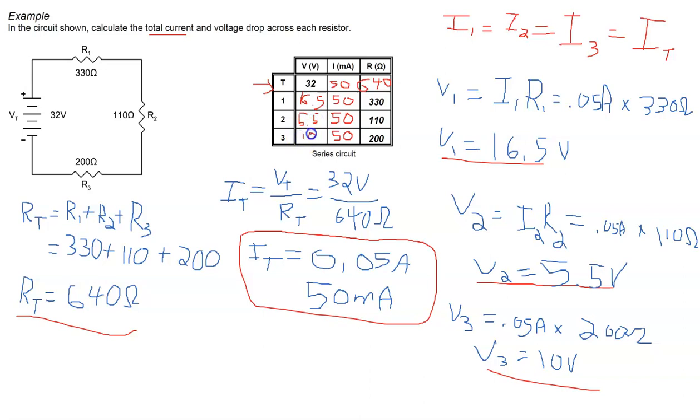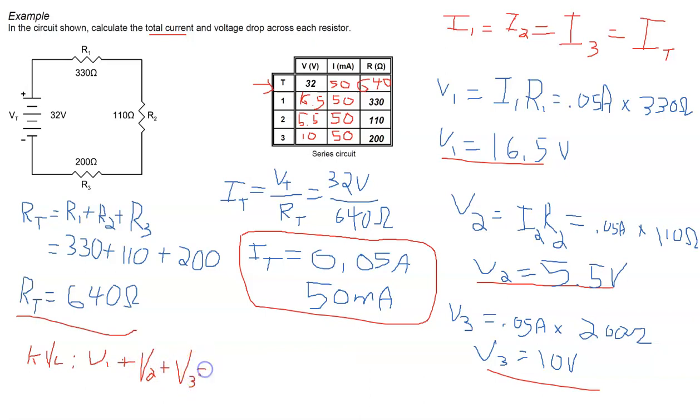And so we should verify that KVL holds true. One of the things that we should do at the end, just to check our work, is say that KVL tells us that we expect the sum V1 plus V2 plus V3 to equal the total applied voltage.